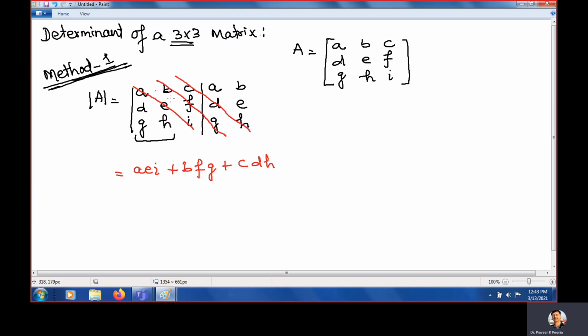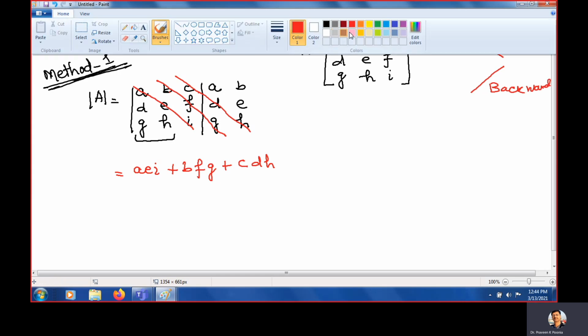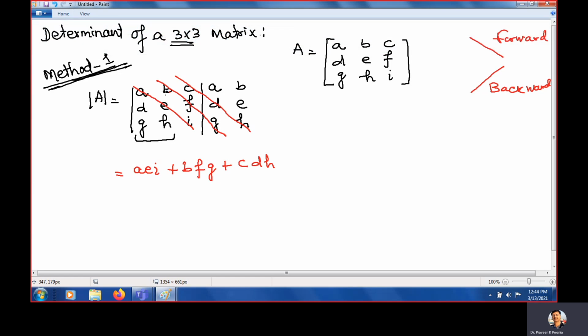This is the forward diagonal. Forward means we are moving this side. There are two types: this one is the forward diagonal, and this one you can say is backward. Forward diagonal, backward diagonal. The backward diagonals are this one, this one, and this one.